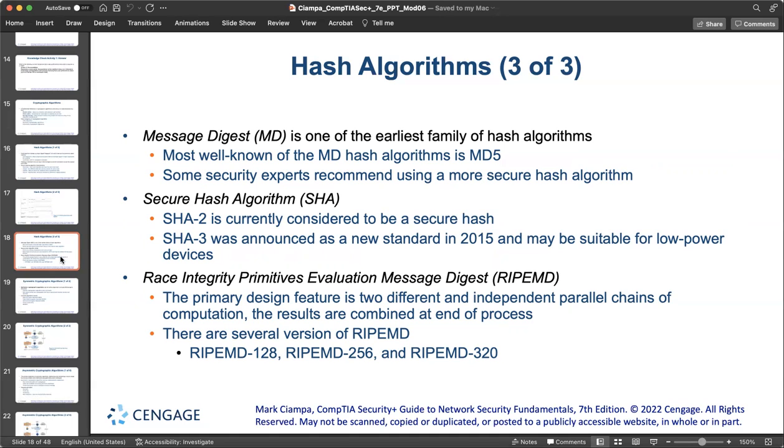Common hash algorithms include MD, SHA, and RIPEMD. The message digest, or MD, is one of the earliest hash algorithms, which is basically a family of algorithms known as message digest. Versions of MD hashes were introduced over almost 20 years, from MD2 in 1989 to MD6 in 2008. The most widely used of these algorithms is MD5.